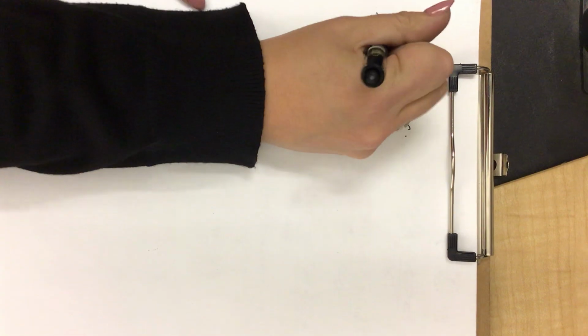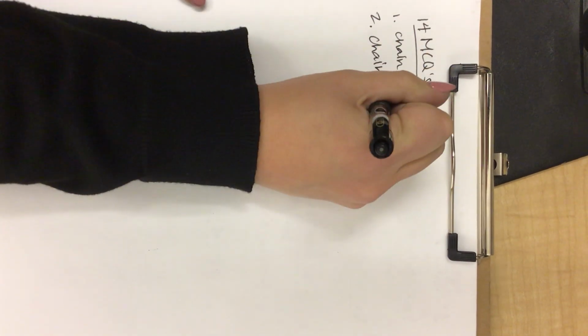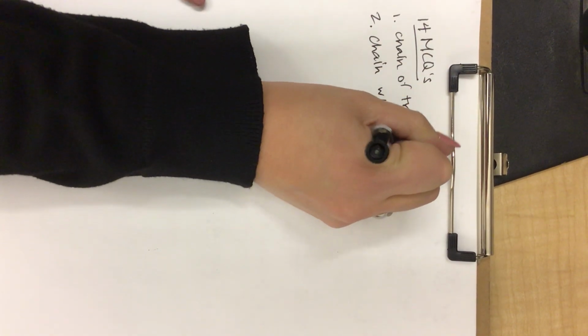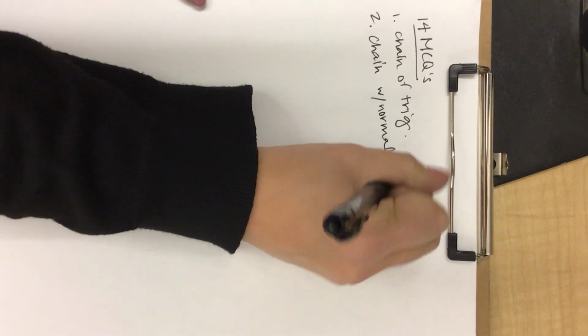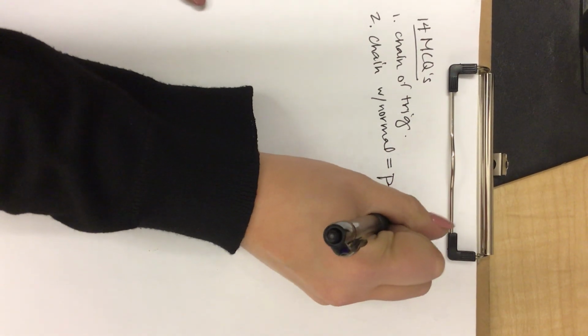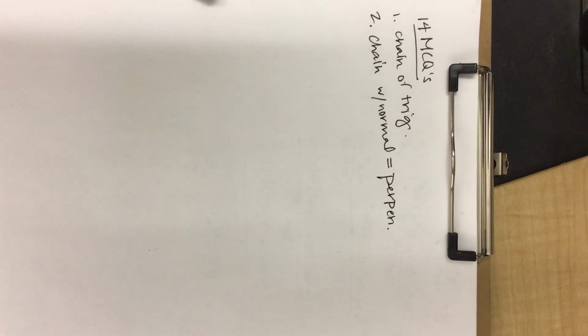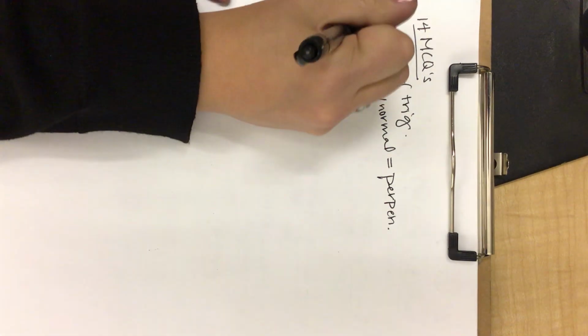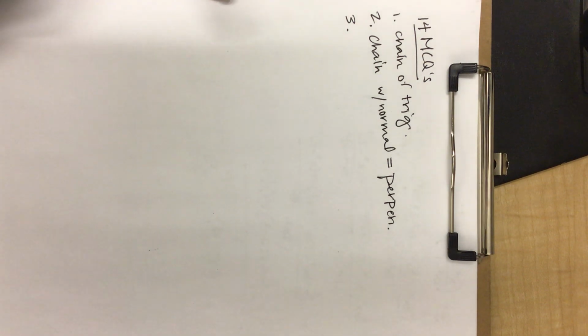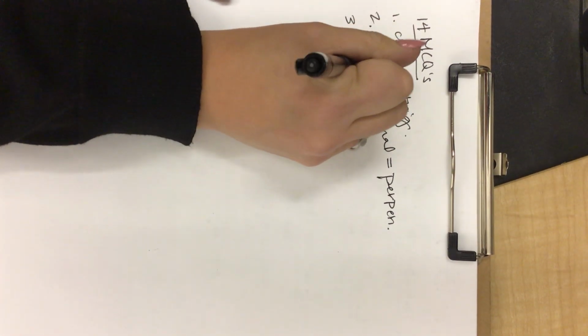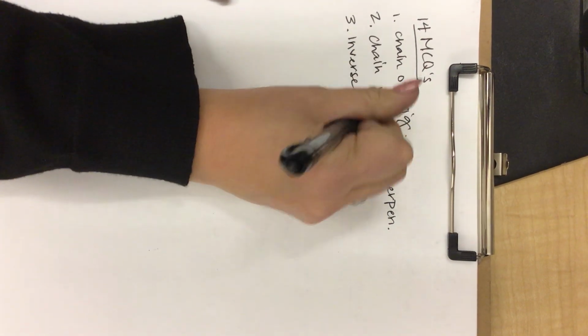Number 2 is a chain with a normal slope. Okay, remember normal equals perpendicular. Okay, so you need to know when to switch it. Number 3, that is an inverse function with a graph.